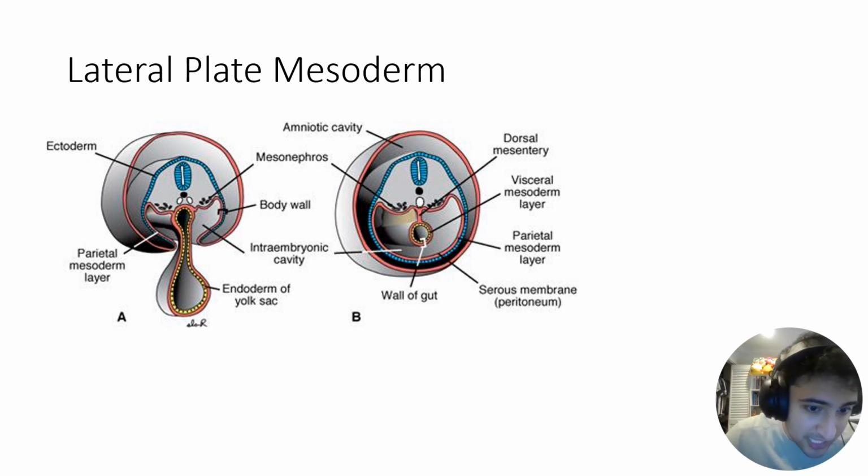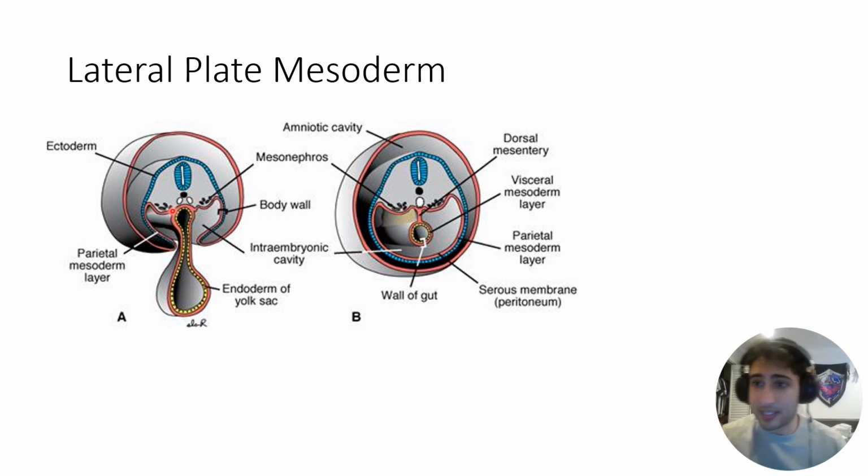But what we're focused on here are the lateral body wall folds, where the ectoderm is associated with the parietal mesoderm layer. So the mesoderm is going to give rise to the bones of the limbs, the connective tissue of the limbs, the dermis of the skin and the body wall and the limbs, the sternum. Migrating sclerotome and muscle precursors that we already talked about are going to form the costal cartilage, the limb muscles, most of the body wall muscles.